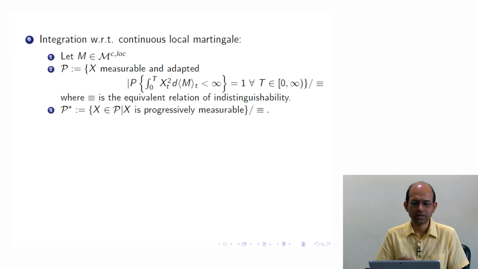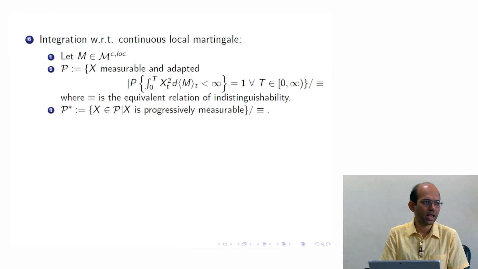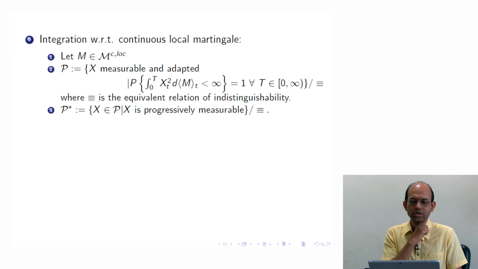So that is the class P. And P star, this star resembles L M and L star M, as we introduced in the earlier lecture for the case when we consider the integrand for a continuous square integrable martingale. Here for a continuous local martingale we have P and P star. Here X should be in P, X is progressively measurable, and then you take the quotient.